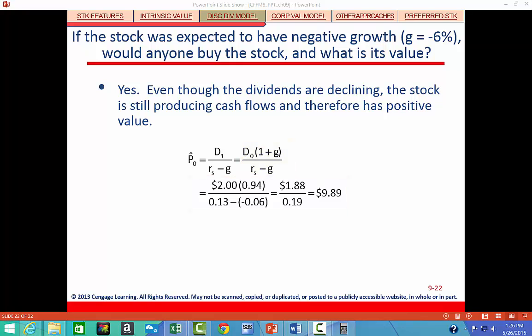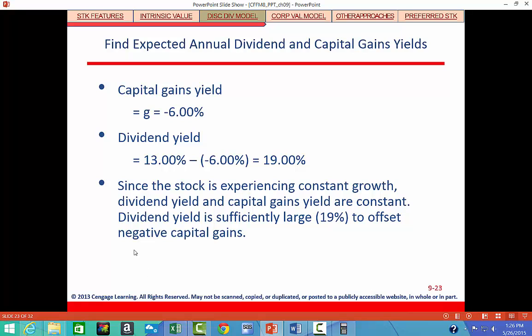So the dividend and capital gains yields will remain constant over time, but a high 19% dividend yield is needed to offset the negative capital gains yield. And that's what you see here. If the capital gains yield is going to be constant at negative 6, then RS, the required return, minus the growth rate is going to equal 19%.